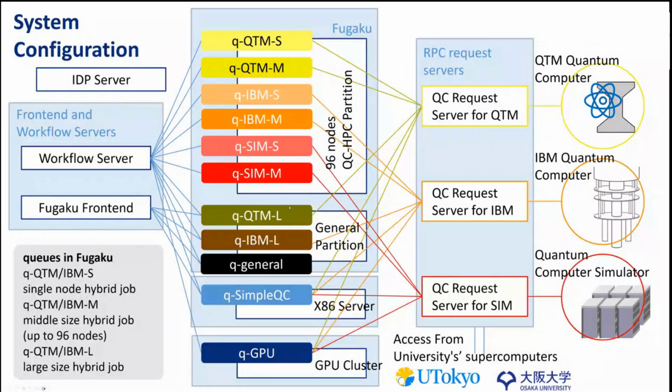So this is the system configuration. We have an IdP server for JWT token identification. We have a front-end and workflow server connected to Fugaku's job scheduler. We have several kinds of queues in Fugaku's job scheduler because we give very high priority to job requests from the supercomputer to the quantum computer.